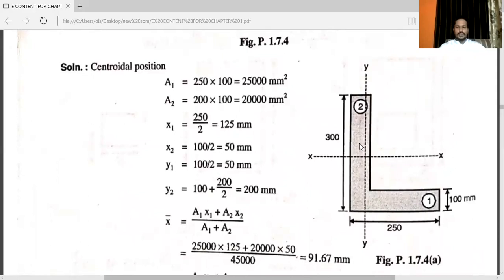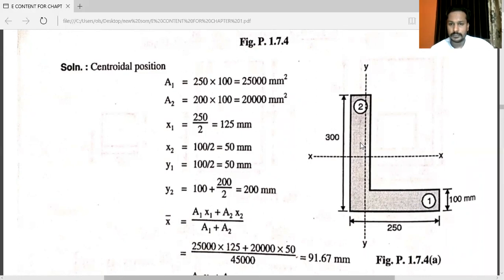See the cursor position. Cursor position is very, very, very important. We know that the vertical distance, that is y2, is 200. So from the base to the centroid point of the second rectangle, the distance is 200.